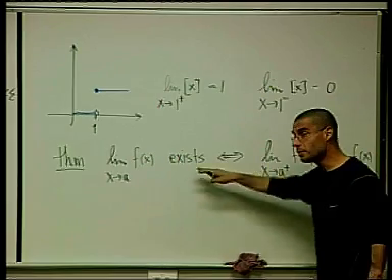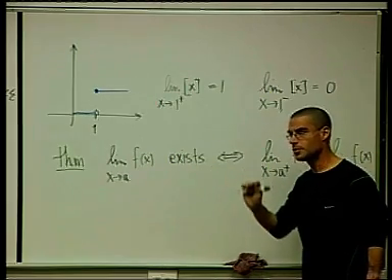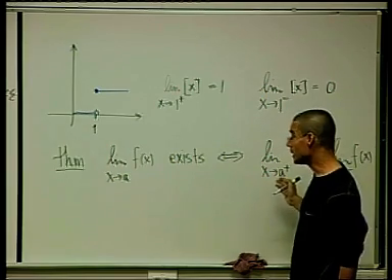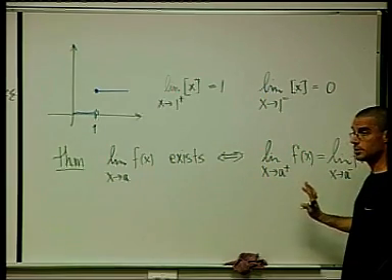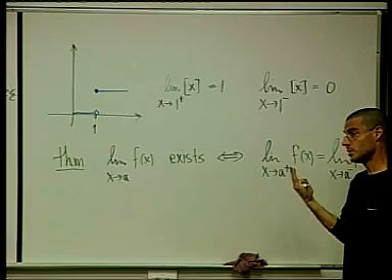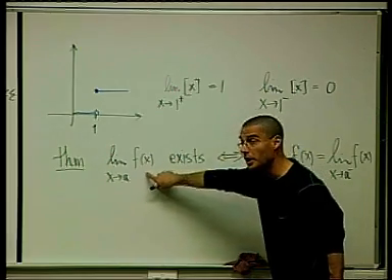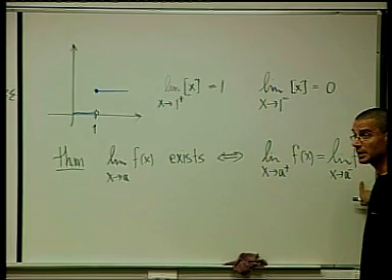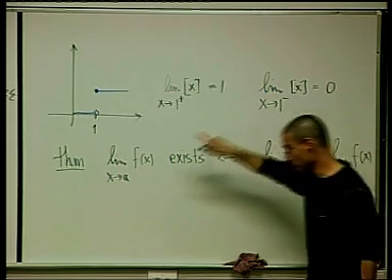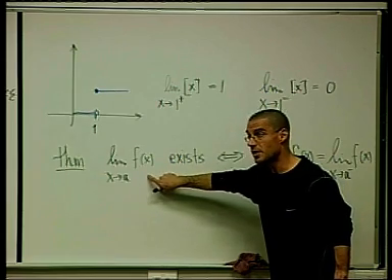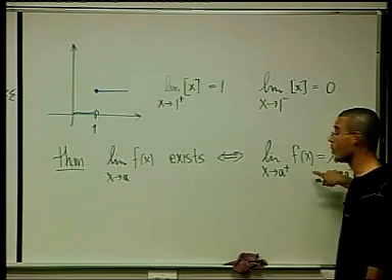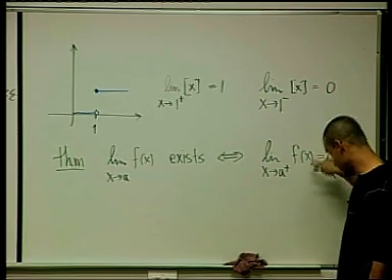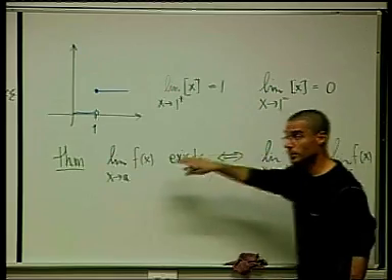In order to prove it, you need to resort to the definitions, and there are 3 definitions involved: the definition of the limit, the definition of the right-sided limit, and the definition of the left-sided limit. You have to show that if this definition holds, then both one-sided definitions hold, and vice versa. You have to show that if both of these hold, this holds.